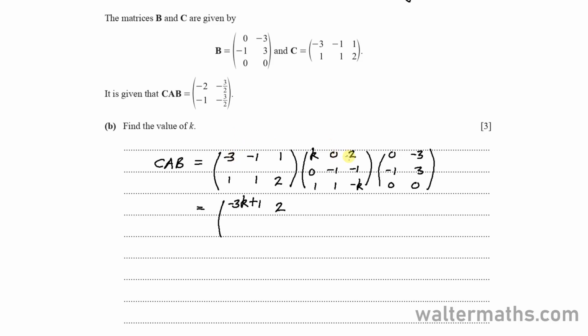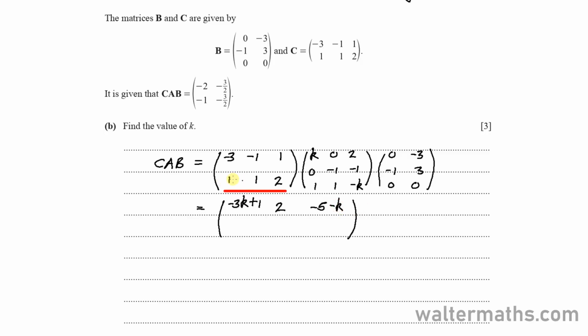So minus 3 times 2 is minus 6, and plus minus 1 times minus 1, which is plus 1. Then plus 1 times minus k, which is minus k. So minus 6 plus 1 is minus 5. So here we have minus 5 minus k.